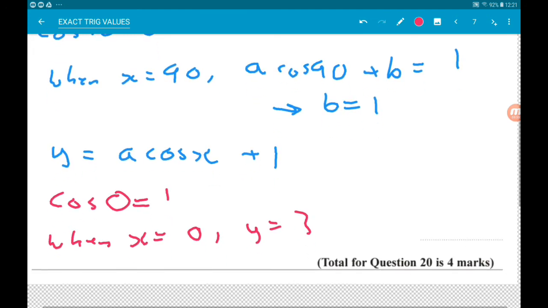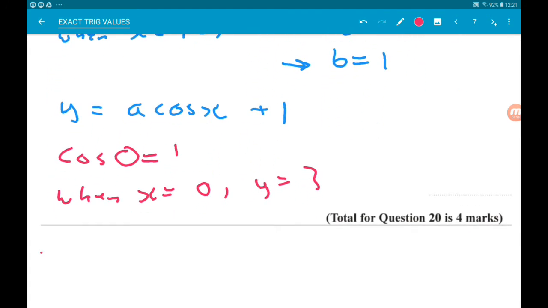So, that's going to give us that 3 is equal to a cos of 0 add 1.